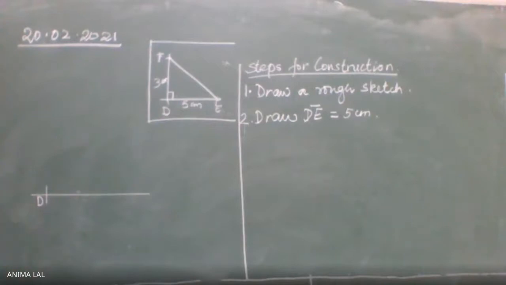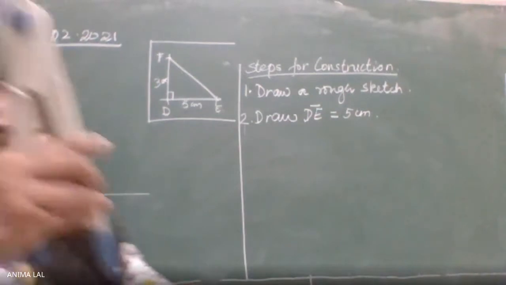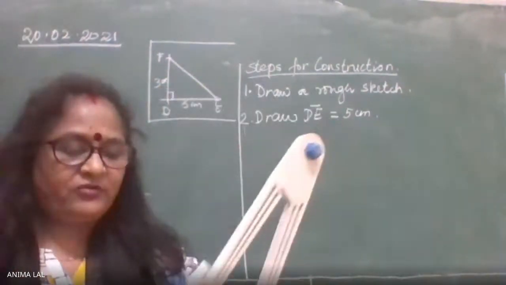But if you want to use a perpendicular line method, this line has to extend more towards your left. I'm not doing the perpendicular line method, that is why I'm leaving it as short on the outer. Measure 5 centimeters with your compass on the ruler.